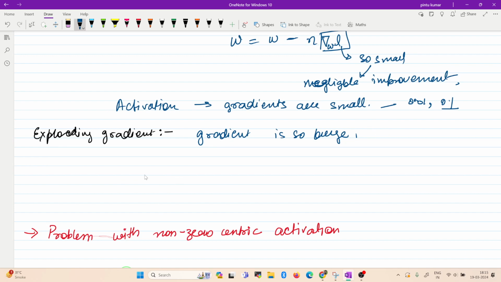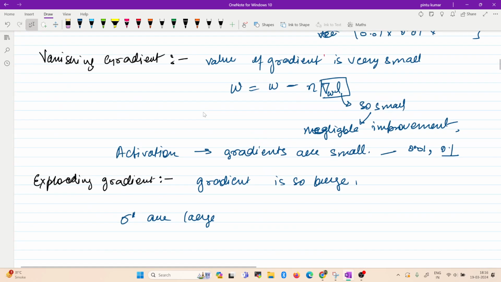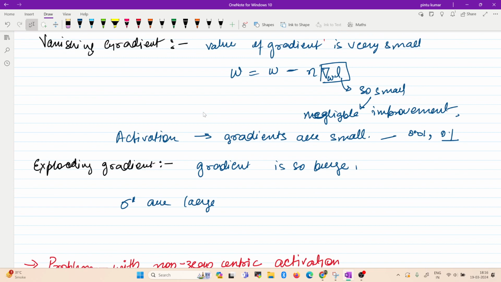Your gradients can be large when the sigma dash are large. In this example, let's say your sigma dash over here outputs large values. Then if you multiply them together, the answer that you will get would be even larger.